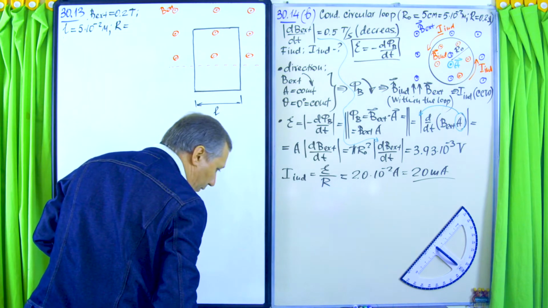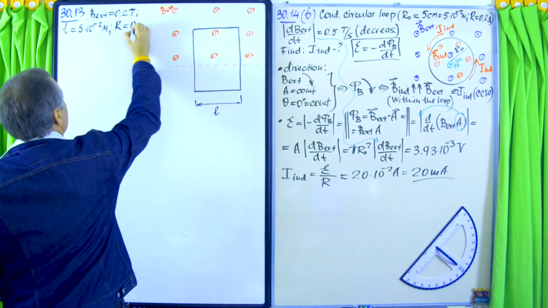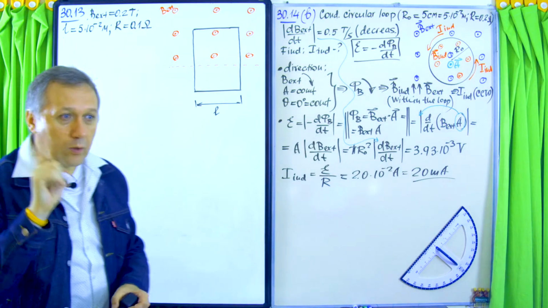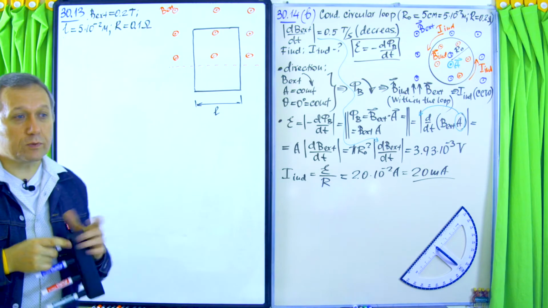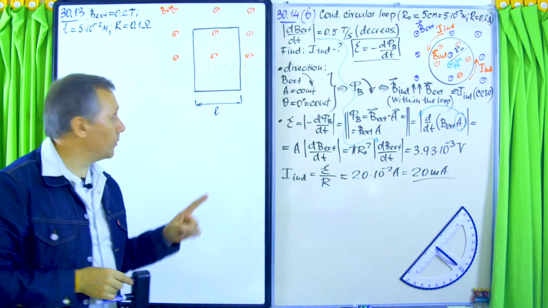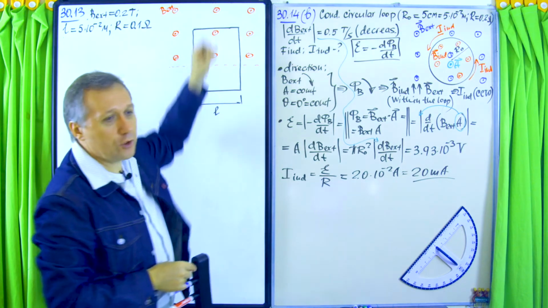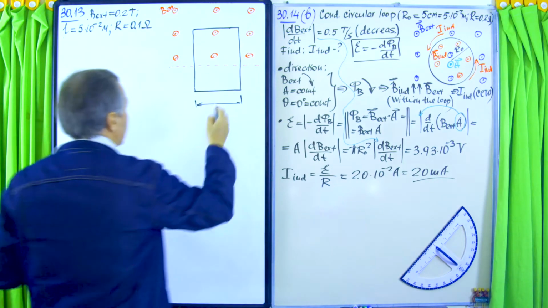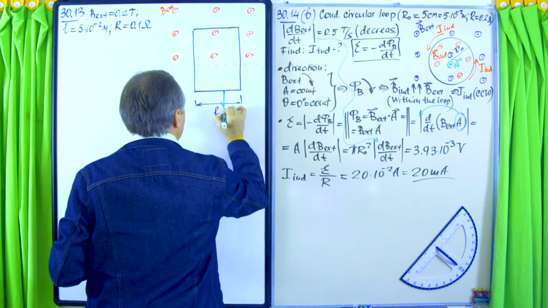Resistance is 0.1 ohm, a typical resistance of a piece of wire. Now, the changes which I made: in your homework problem, this loop will be dragged into the magnetic field. I decided to change the direction, and this loop will be dragged out.